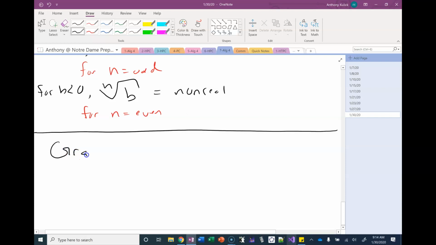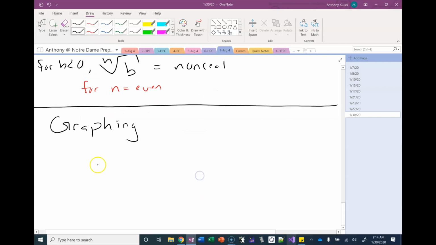So let's move on and start talking about graphing now that we've talked a bit about what a radical is, what the definition is, what are some properties of them. Let's talk about graphing.